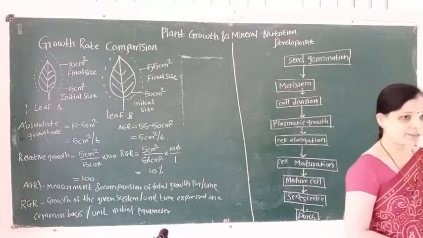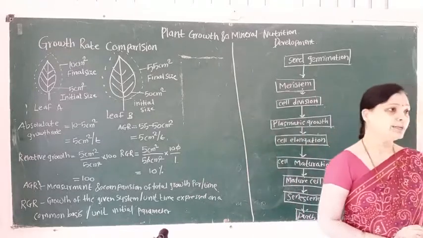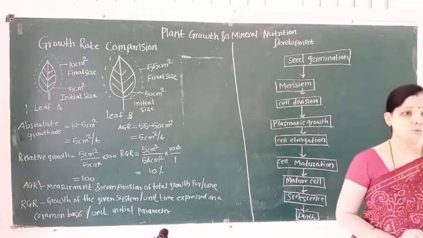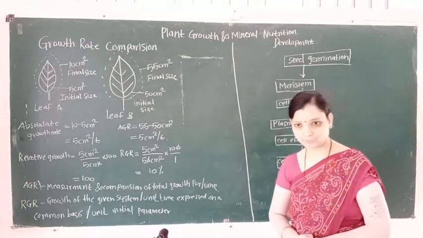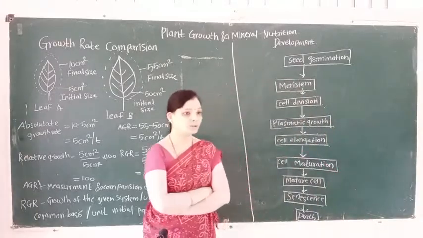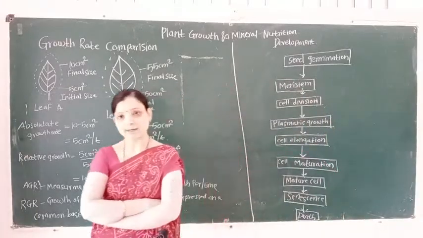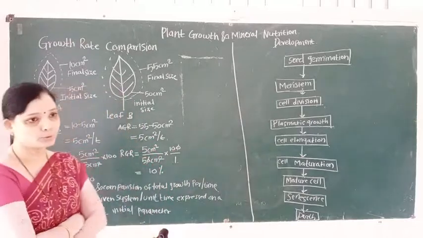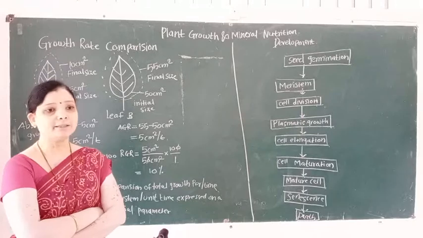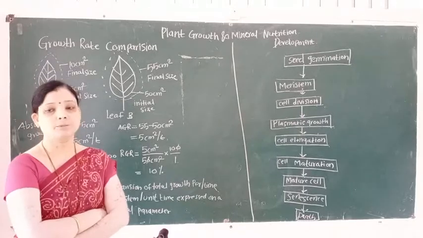In the previous lecture, we learned the types of growth curve. How many types of growth curve? There are three types of growth curve. First type is a linear growth curve.